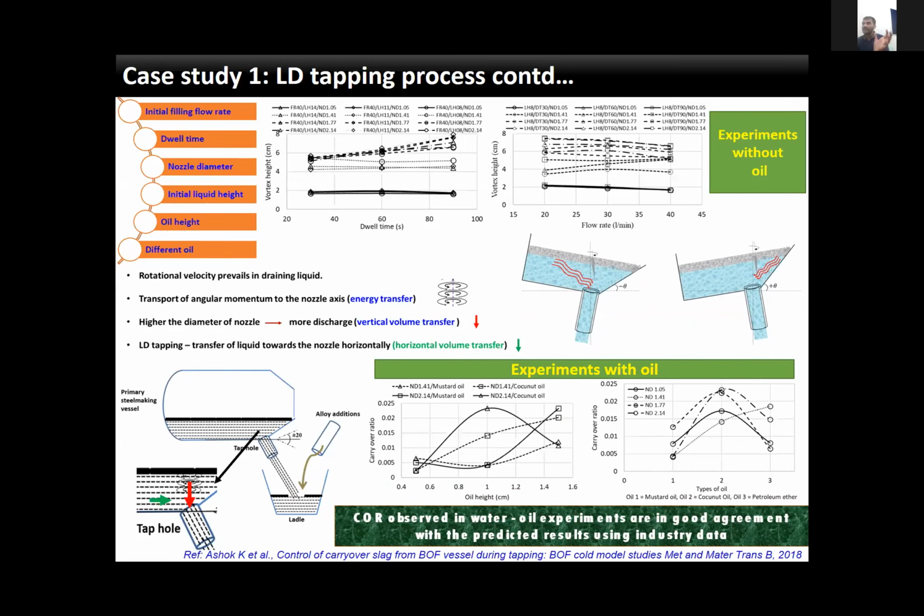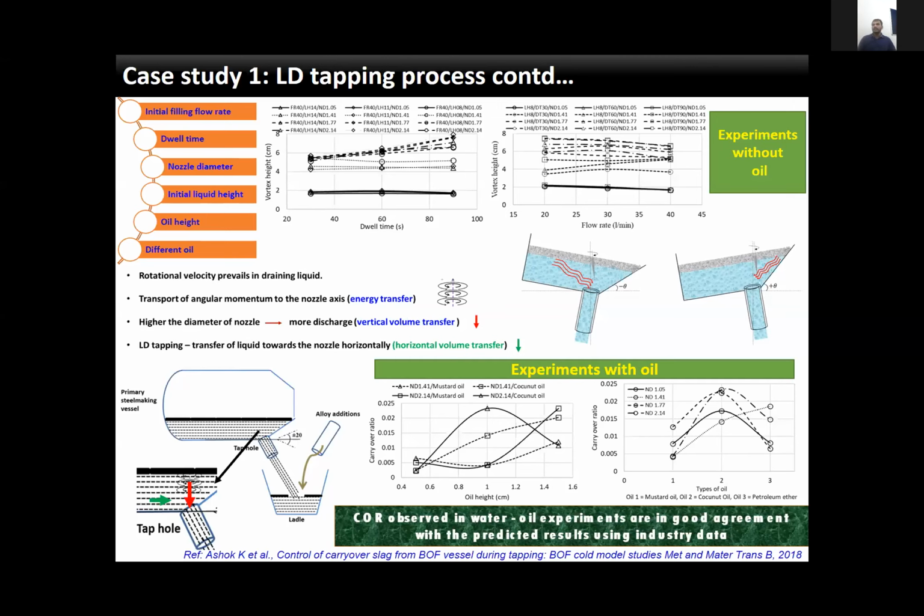If you understand the dynamics of the process properly, and if you are able to predict the time at which the vortex is happening, you can perform tilt front or tilt back of your converter, so that you can induce horizontal flow and the vortex will break.